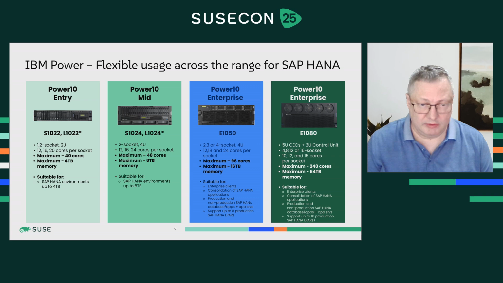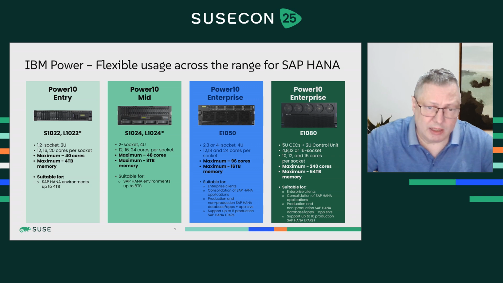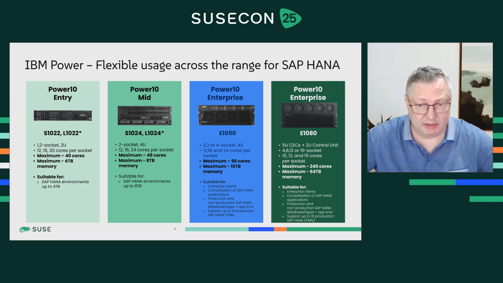Then moving to the right, 4-socket, and then up to 16-socket for the highest Enterprise Server. And it's interesting because all of these servers have the same high-end memory with a higher reliability.